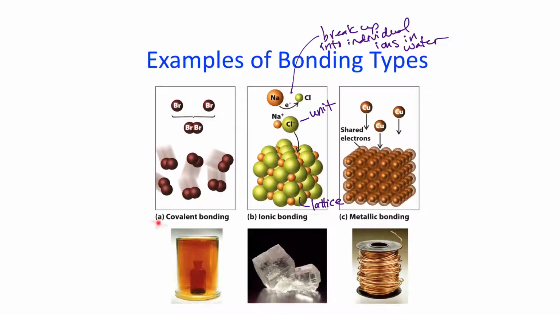Molecular compounds, or covalent bonding compounds, don't break up when you dissolve them in water. So they stay in their molecular form when you dissolve them. We would call these molecular types of compounds. They stay as molecules when you dissolve them in water.